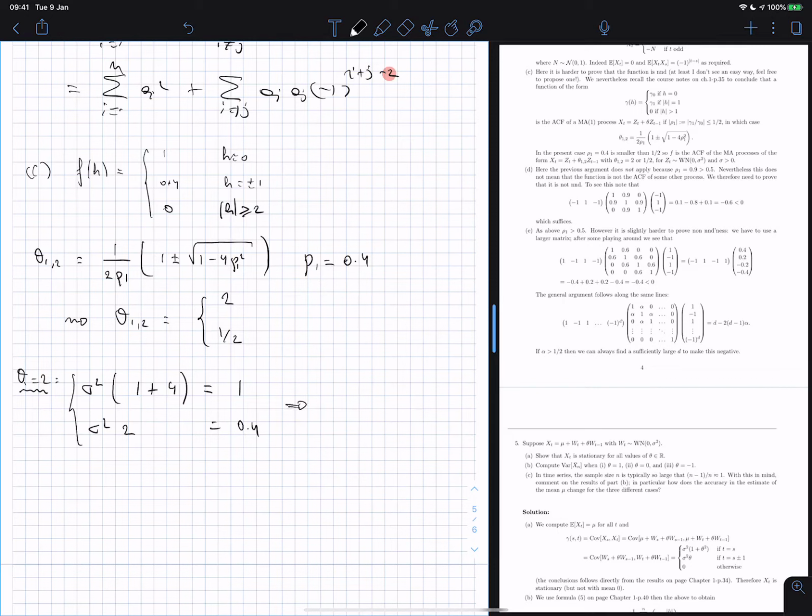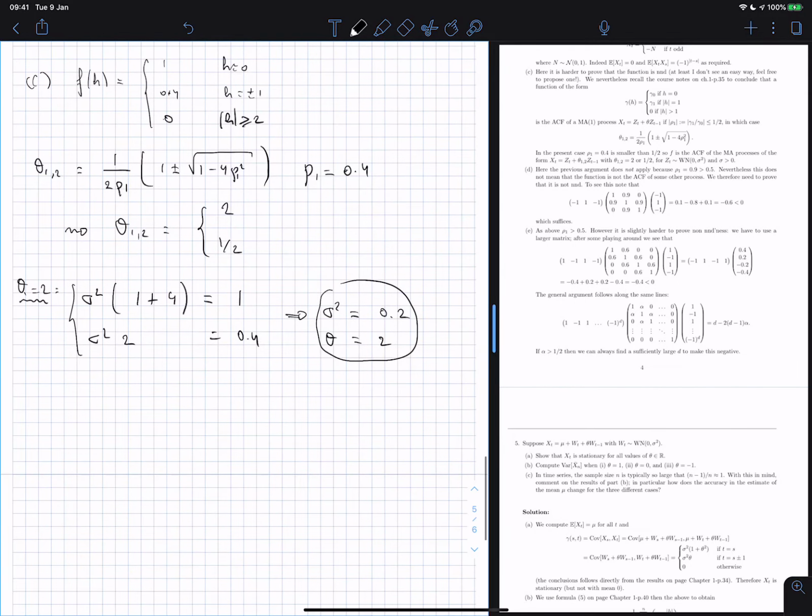So it tells me that sigma squared is equal to 0.2, I guess, and theta is equal to 2, so that my process is X_t equals Z_t plus 2 Z_{t-1}, and the Z_t's are iid, with mean 0 and variance 0.2.